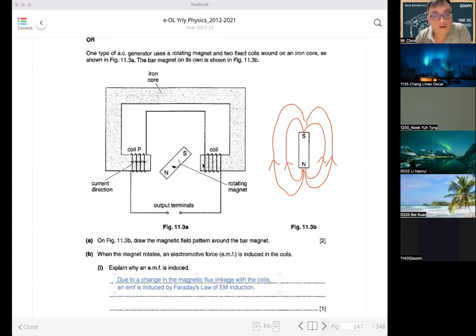As it rotates, there will be a change in the magnetic flux linkage with the coil, and therefore EMF is induced due to Faraday's law of electromagnetic induction. So can everybody type something like this and show me?